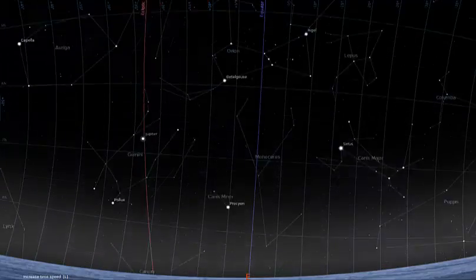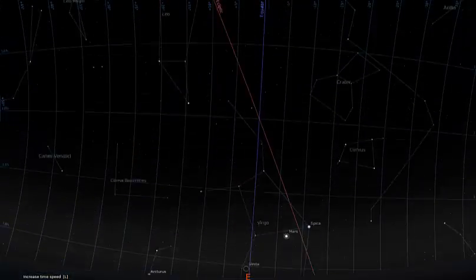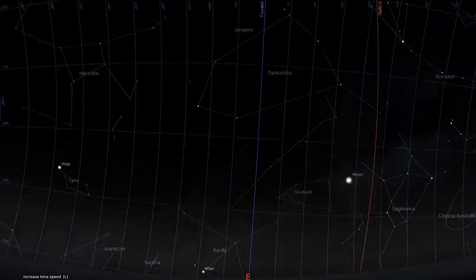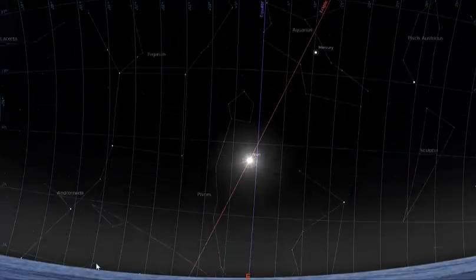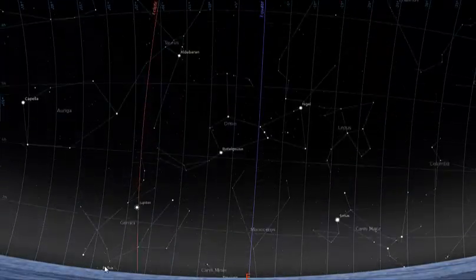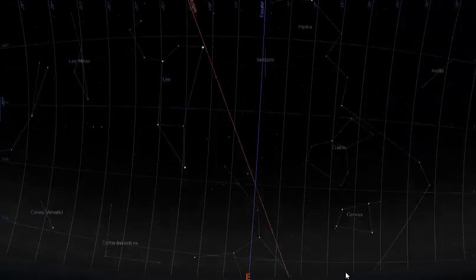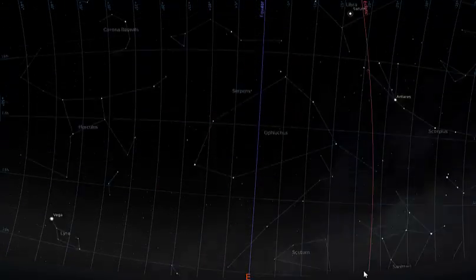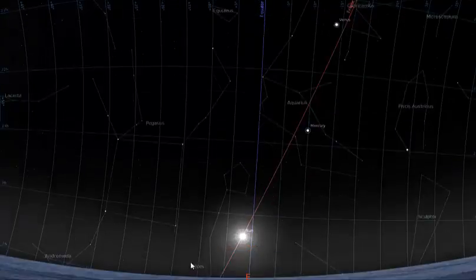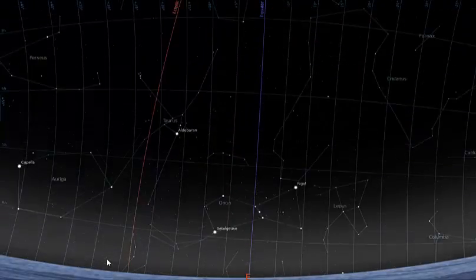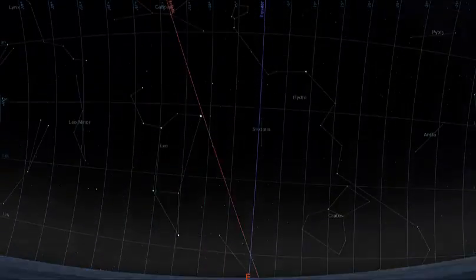As you can see, the only difference between the two of them is that on one side it's crossing towards the north. The Aries point crosses and moves north. The Libra point crosses and moves south.